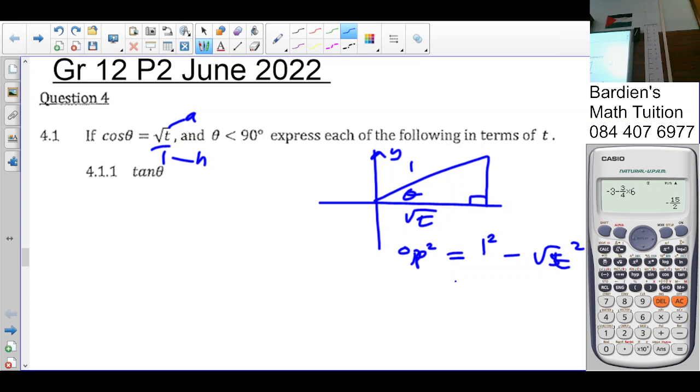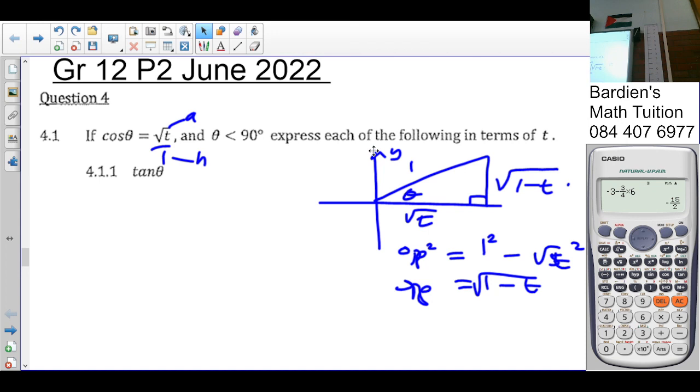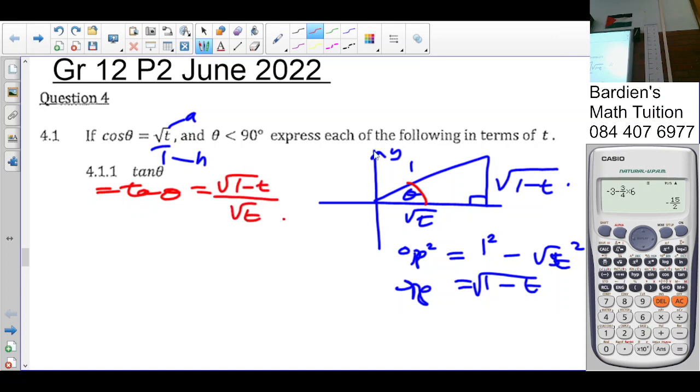So it's 1 minus t. So your opposite is going to be the square root there. It has to be positive because that's on the positive part of your y-axis. So the question says tan of theta. So tan of theta is going to be your opposite, which is the root of 1 minus t, over the adjacent, which is root t.